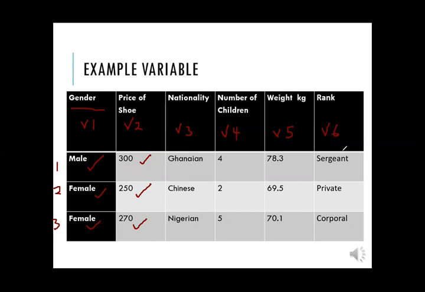So clearly, we have 2 main types of data sets. We can have data sets which are numeric in nature, and then some which are non-numeric in nature. So we can classify the data we have here.